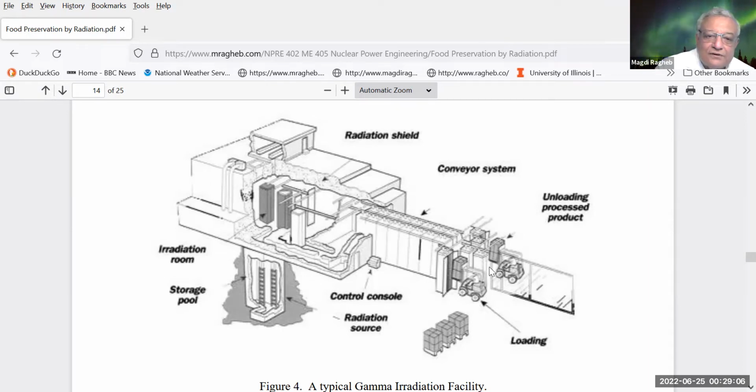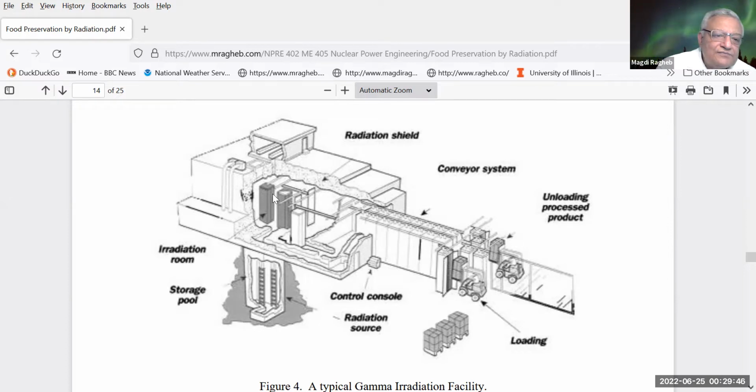So now you bring in the products packaged in boxes. That is the loading process. You send it on some kind of conveyor belt into a maze of very thick concrete shielding, and you circulate it in the maze, and then it comes to a point where you raise the cobalt-60 and cesium-137 out of the water tank storage pool and irradiate the boxes of whatever supplies you are irradiating.